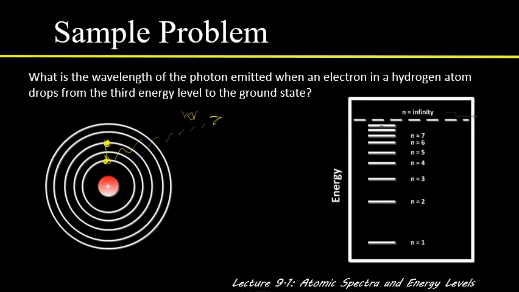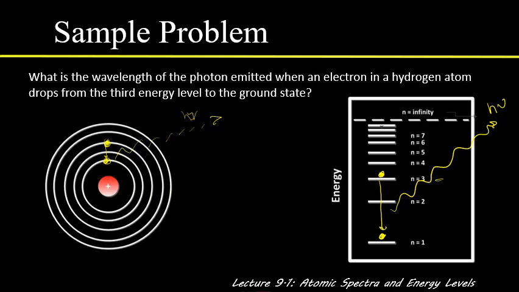In this case, we don't have orbits anymore because, as I mentioned, the orbits aren't real. Atoms don't really have circular orbits. But we can say we have an electron in this third energy level, and it drops down into the first energy level. And because the energy is decreasing, that excess energy has to go somewhere, and so that excess energy is given off as a photon.